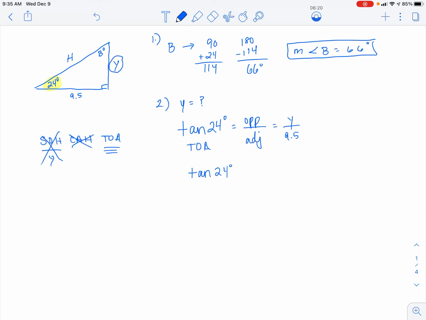So here's what we're going to have. Tan 24, I'm going to go ahead and remove the opposite over adjacent words there. We'll rewrite this as y over 9.5. This is what we're trying to solve for. So, solving for y, let me look here for a really quick second, see what I did here.